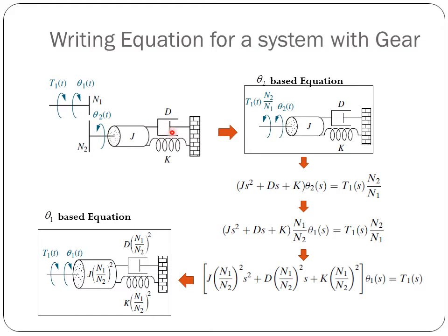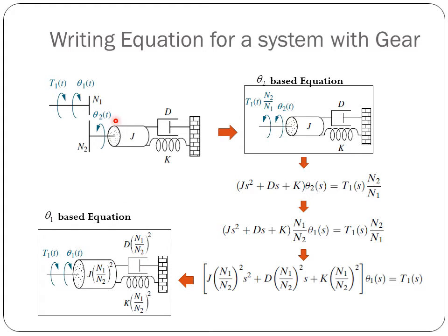Similarly, when we write the equation on the left side, the viscous damper will change from D to D times n1 by n2 whole square, and the spring K will change to K times n1 by n2 whole square. So how do you remember this n1 by n2?